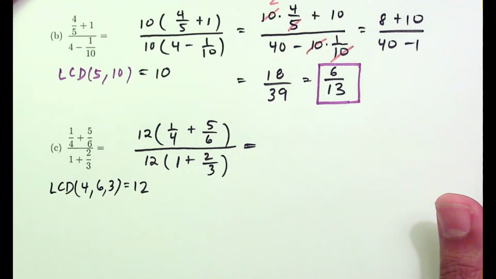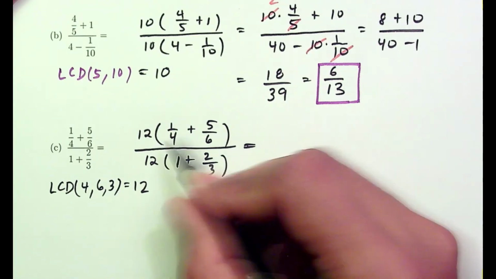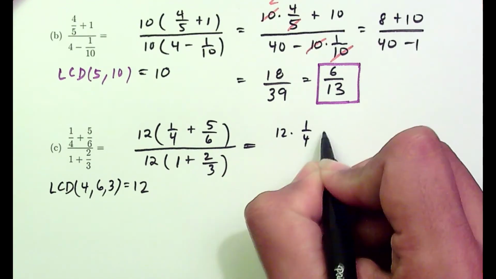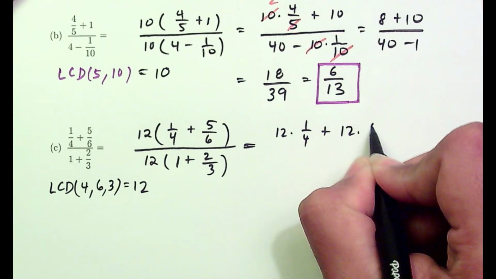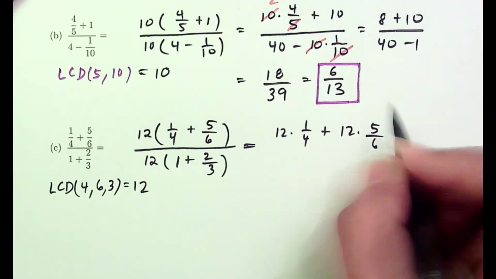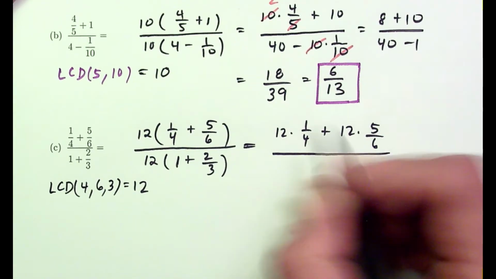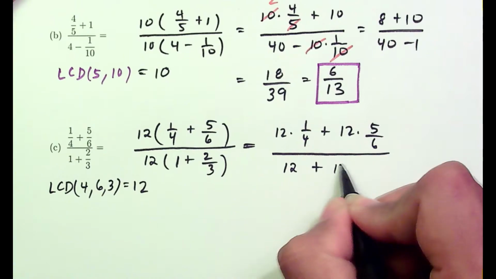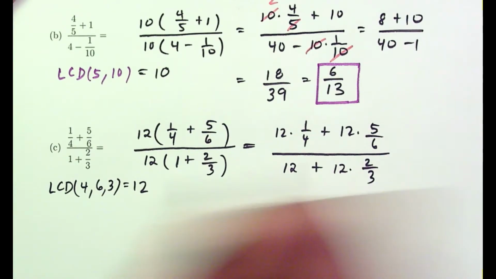Okay, so then let's see. Distribute. So you're going to get 12 times a quarter plus 12 times 5/6. All of that over 12 times 1, which is 12, and then 12 times 2/3.